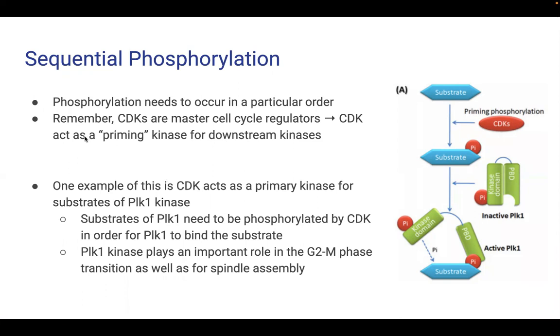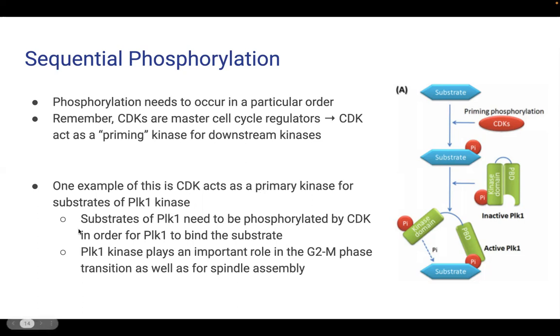It's important to remember that CDKs are master regulators of the cell cycle, and CDK acts as a priming kinase for downstream kinases. So one example of this is how CDK acts as a priming kinase for the substrates of PLK1 kinase.